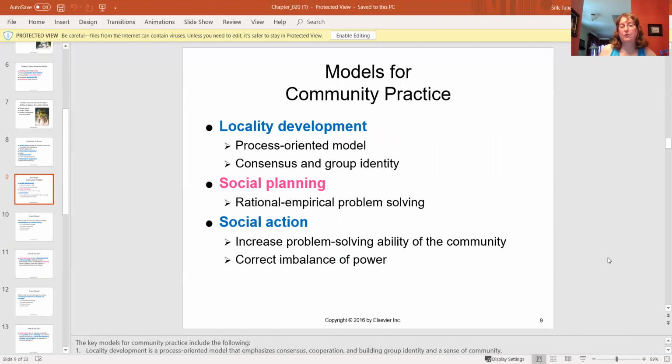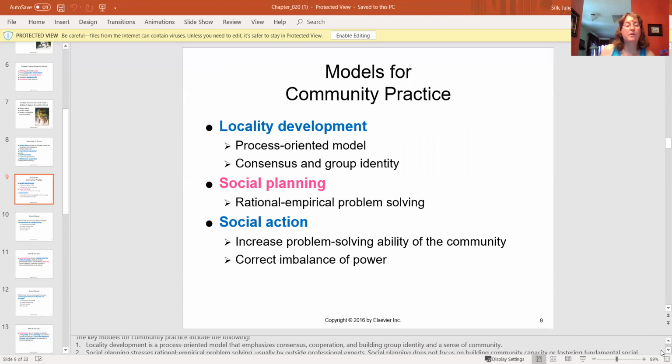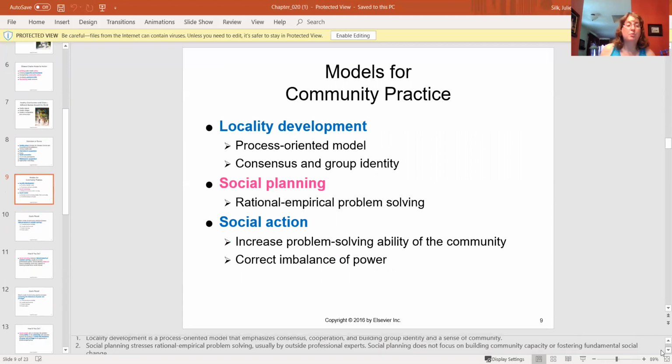Okay, so some models for community practice then. The key models for community practice include the following. Locality development is a process-oriented model that emphasizes consensus, cooperation, and building group identity and a sense of community. Social planning stresses rational empirical problem solving, usually by an outside professional expert.